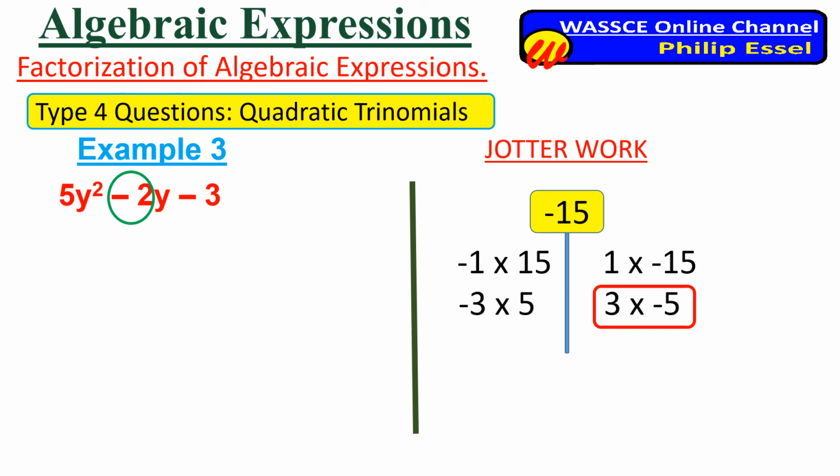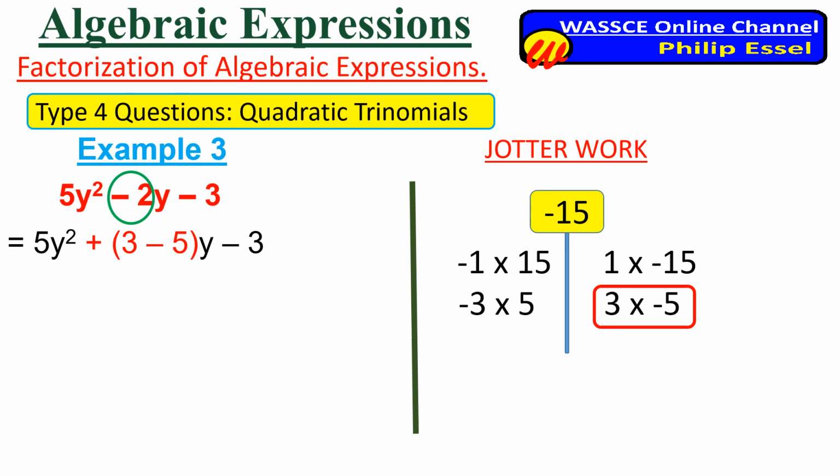When we do this, we would get 5y squared plus, then we have our brackets 3 minus 5. Remember, 3 minus 5 is -2. Then bracket closed, then our y, then plus our 3. Sorry, minus our 3.